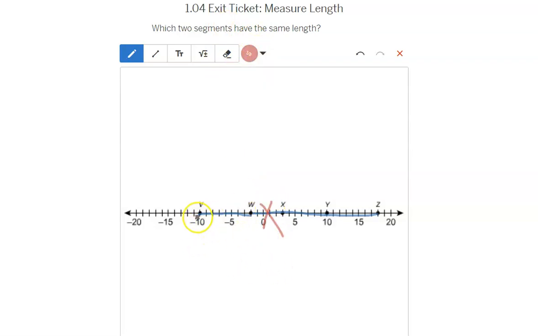So let's count this one up to 8. Go ahead and count this one up. 7. And that leaves us with only 1. 8. So that means that VW is equal or the same as YZ.